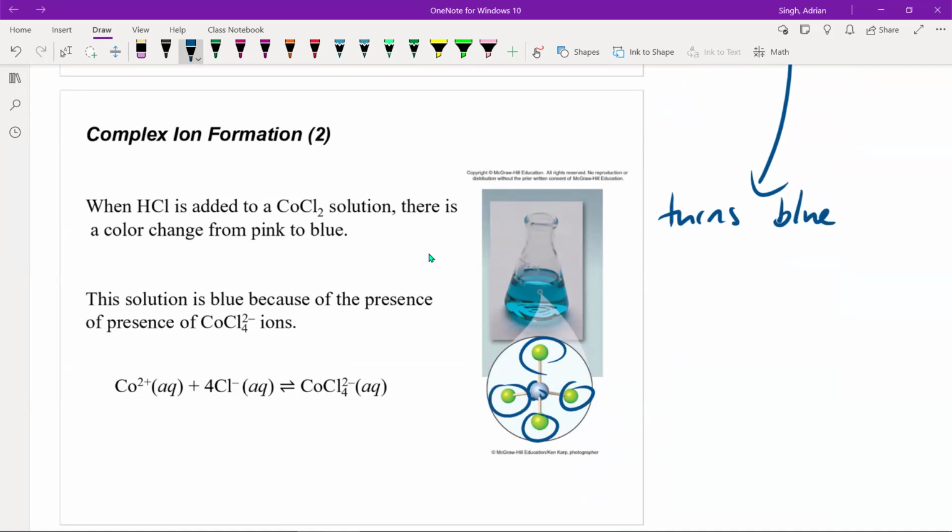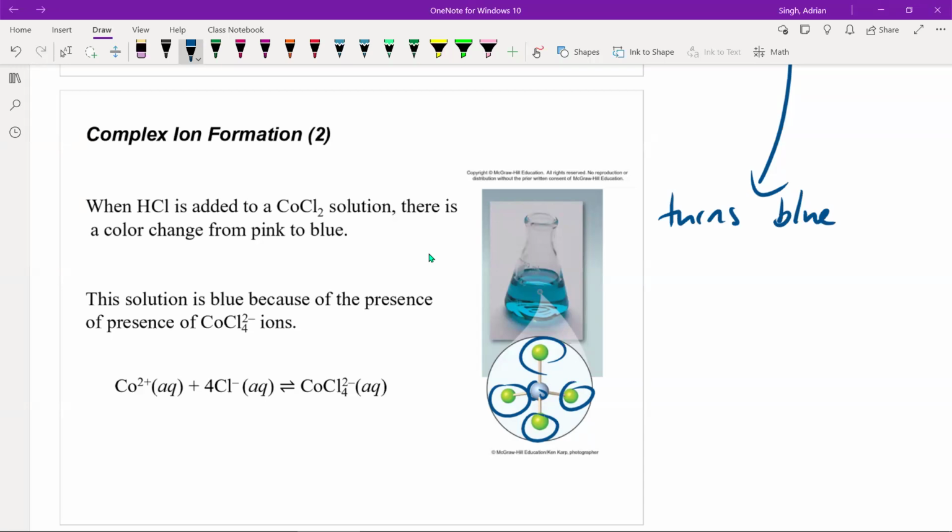So different complex ions have different colors associated with them. There are other examples. We've used copper sulfate a lot in this class, in lab, and it has a very characteristic blue color. That's because the copper ions are hydrated with water molecules. They're very common, and they also affect the pH of different solutions.